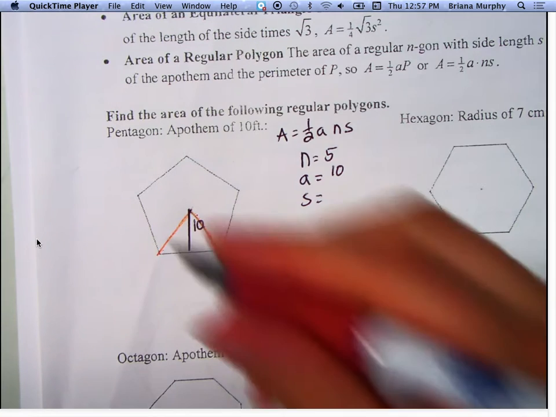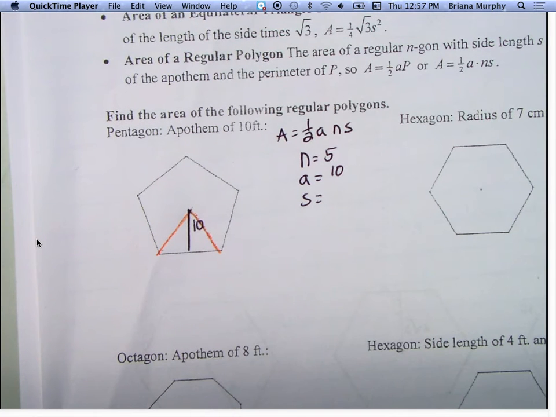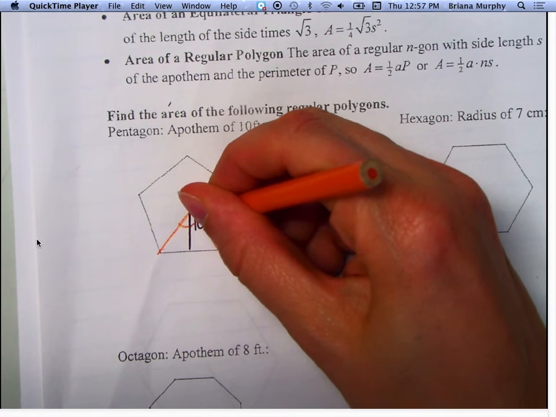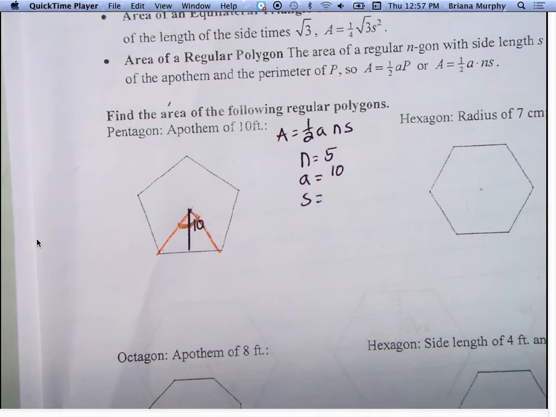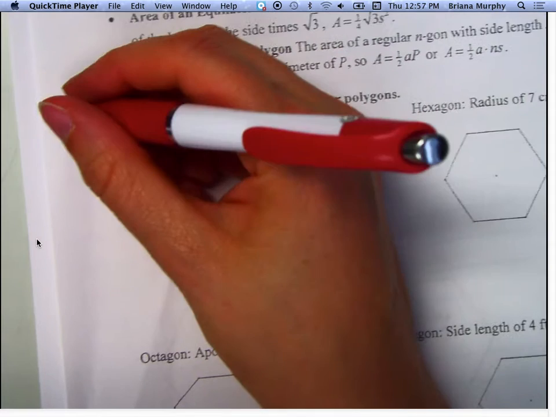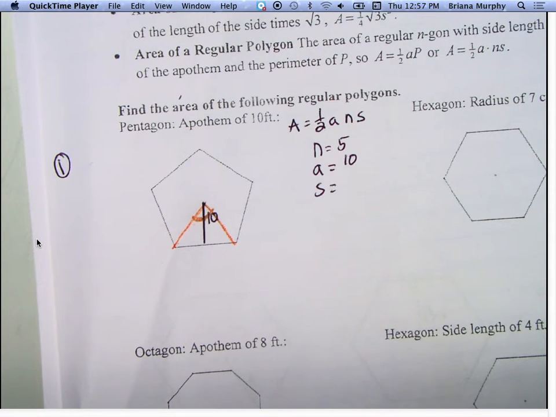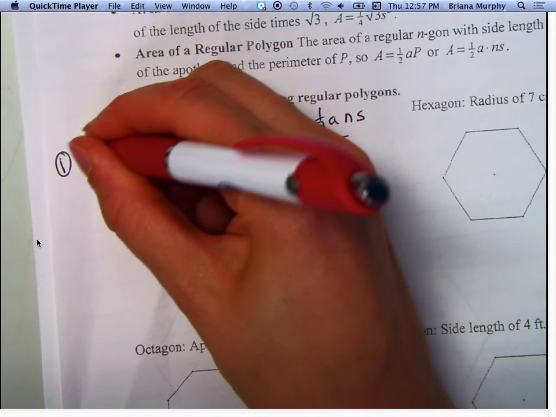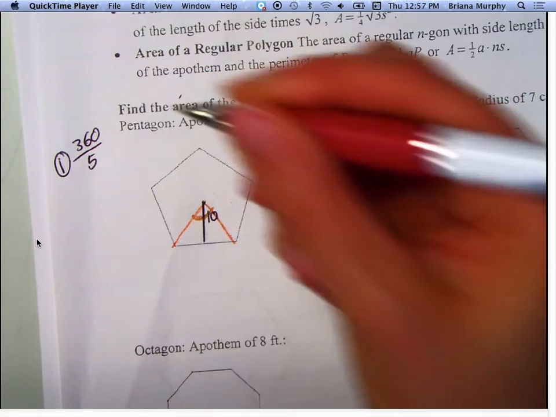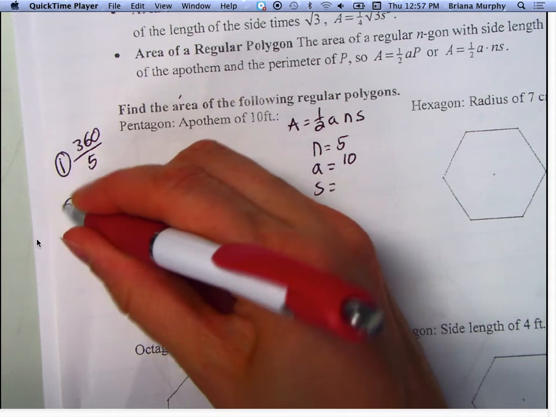Let's find the angle of this central angle right here. Who remembers how to do central angle again? What do we do? We learned it yesterday, a couple other times. How many degrees is in a circle? How many sides do we have? So 360 divided by 5. So we get that angle equals 72.